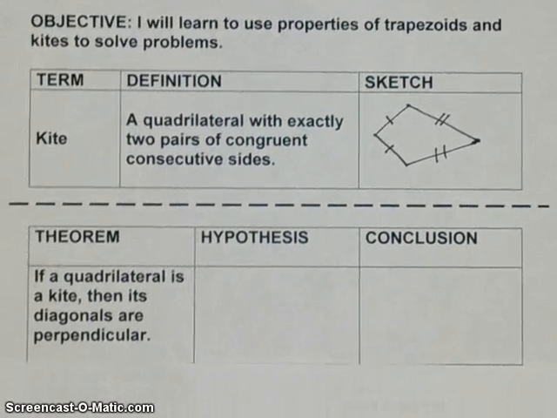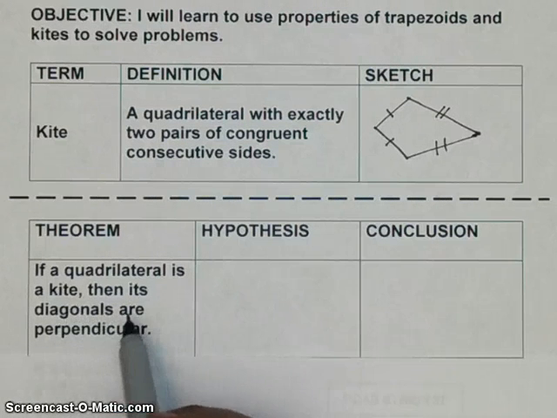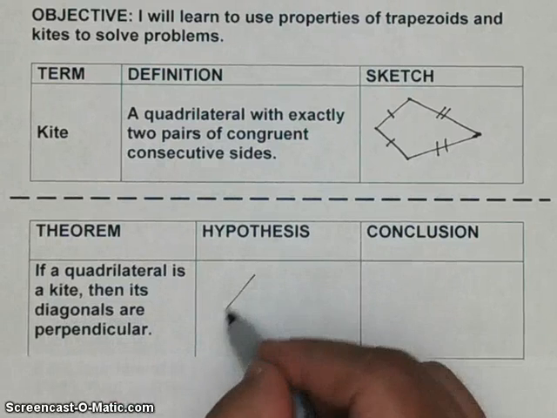Alright, so now let's learn some properties about kites. If a quadrilateral is a kite, then its diagonals are perpendicular. So we draw another kite.